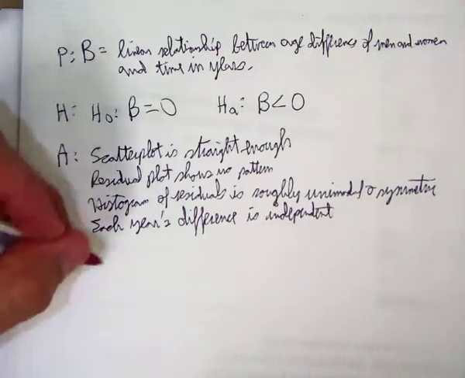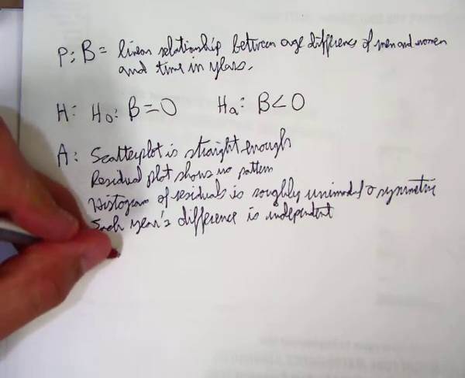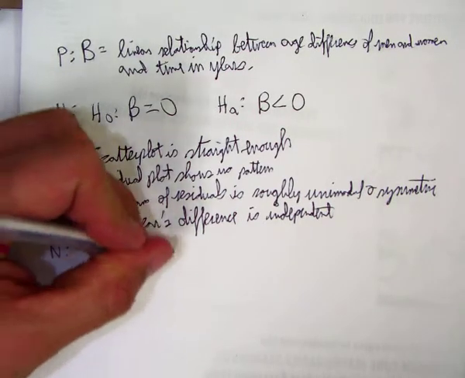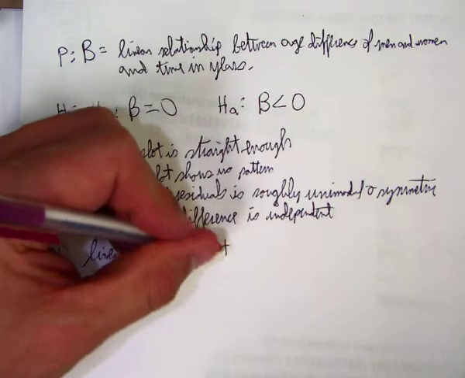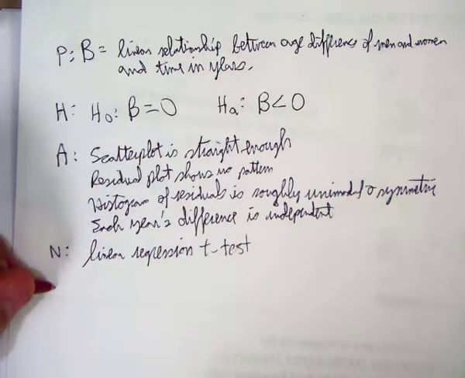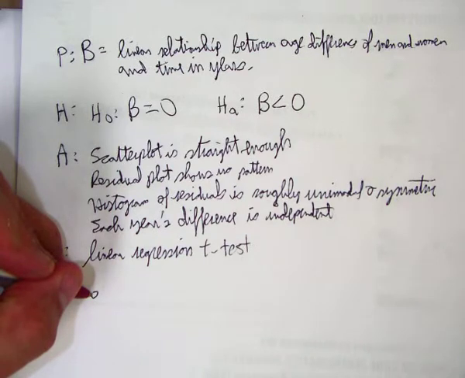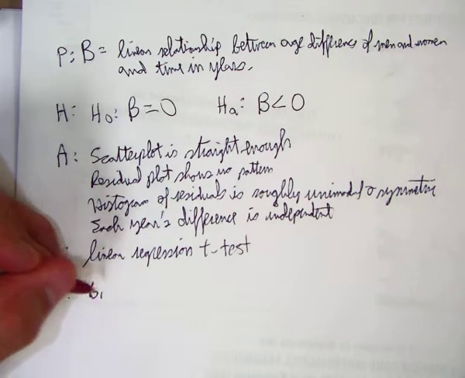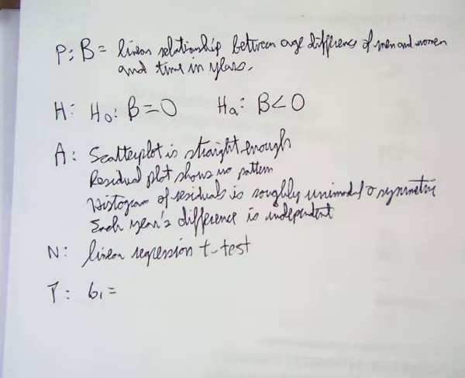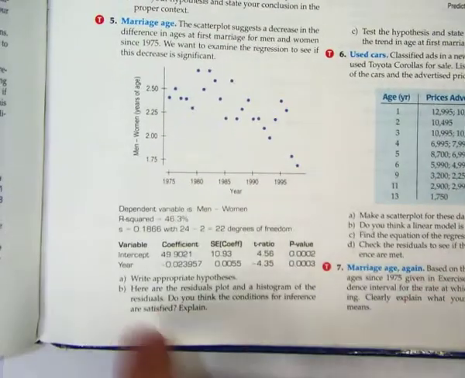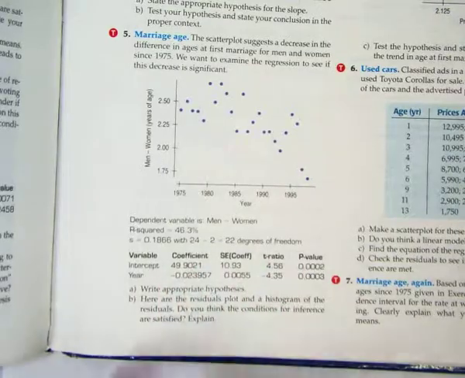Named test, we're going to do a linear regression t-test. Test statistics. Well, we know that all of our information is right in here. The top row is the y-intercept, the bottom row is the slope.